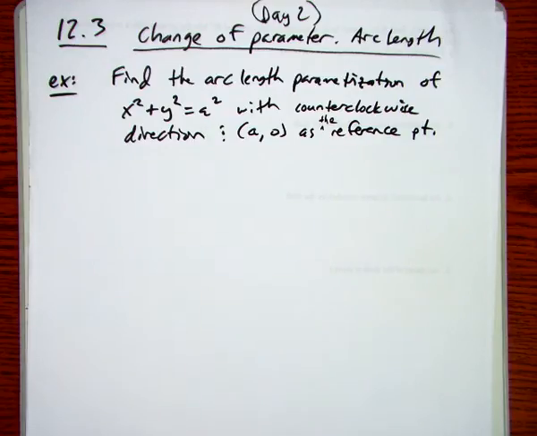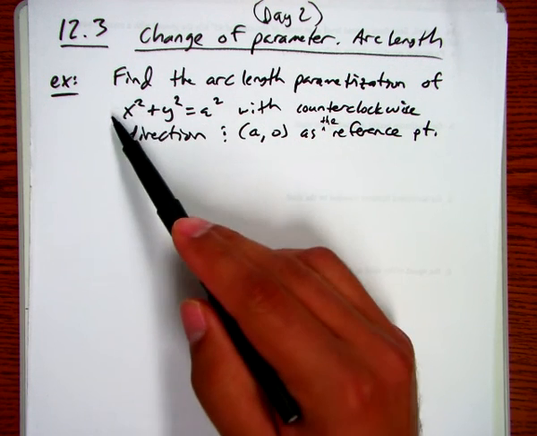Okay, so this is just an example to illustrate one way to bring arc length into the whole realm of things, but we'll talk about a general approach. This is something that we can figure out right now based off previous knowledge. So for example, this is a what shape?